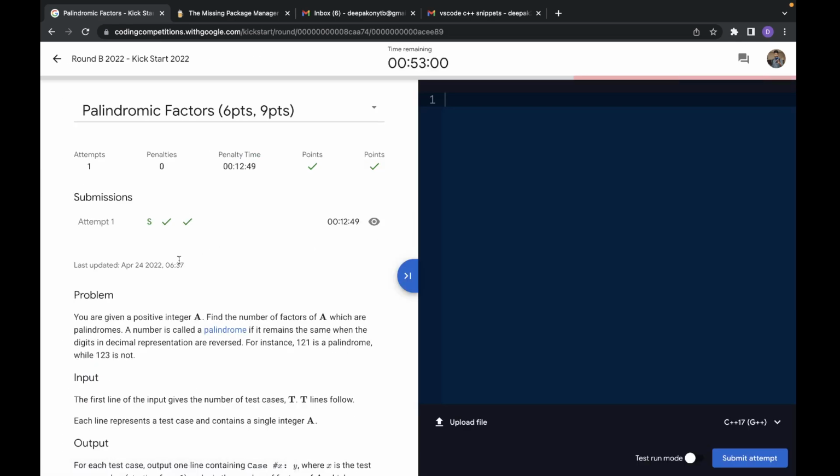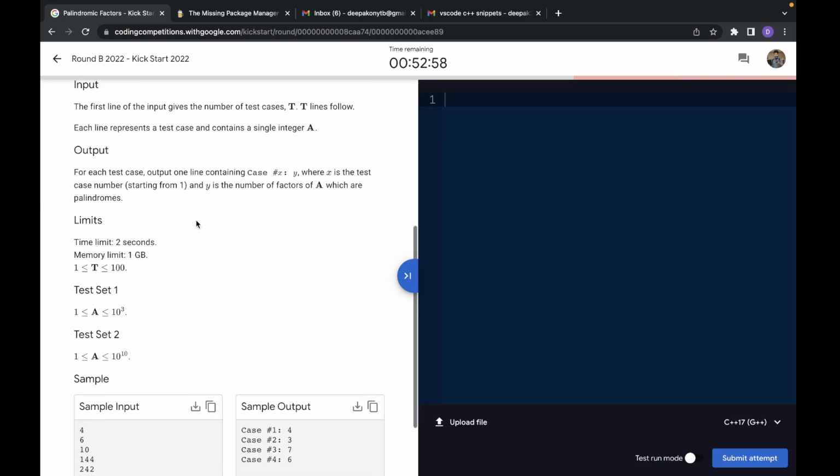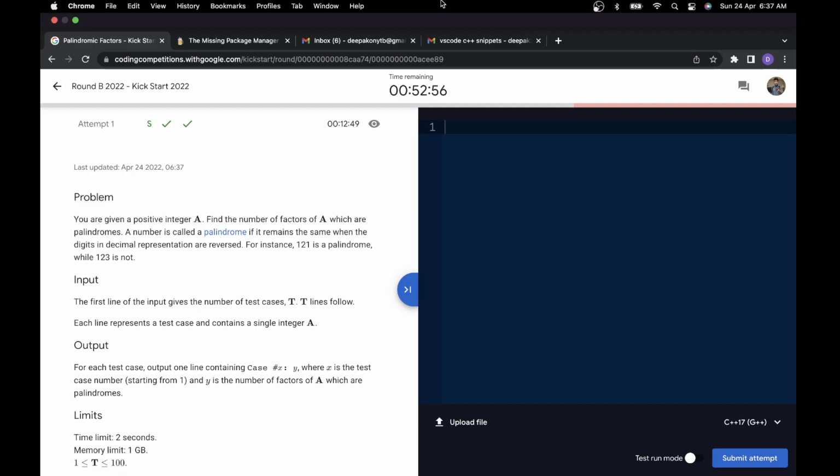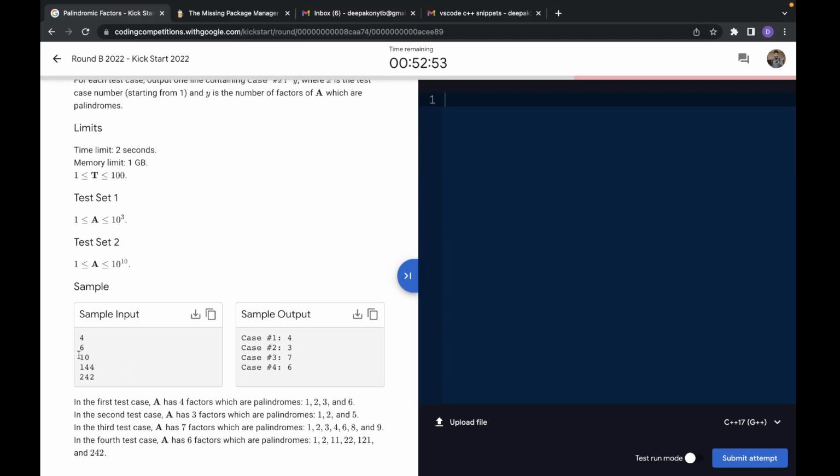Yeah, moving to the next problem. In this problem you are given a number and you have to tell how many factors of this number are actually palindromes. So if you look at the test case 144, then these are the palindrome factors of 144.